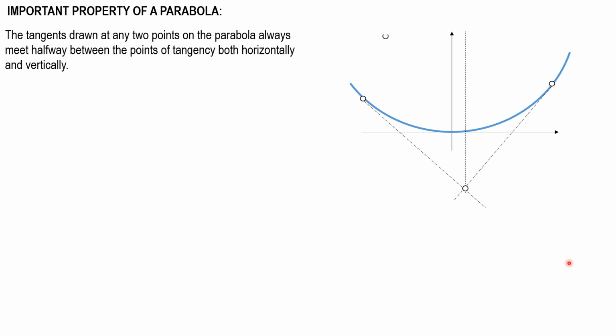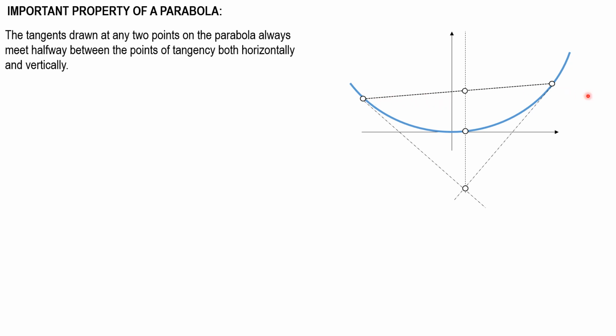That is, if that's the point directly above the intersection of the tangents, then it should be the average of the x coordinates of these points of tangency. Same is true with that.